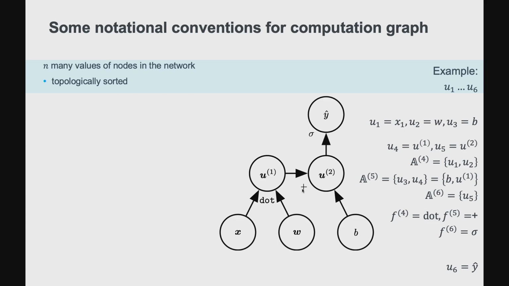So I have a topological sorting that must consider that this result is computed before some result is computed here.